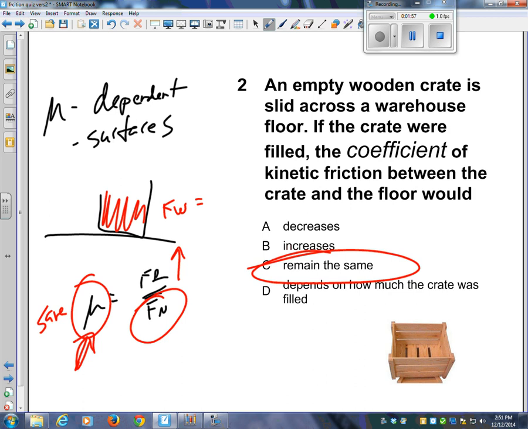The friction force, right? So if the normal force before was, say, 50, and it goes to 200, and the friction force before was, say, 10, what would the new friction force be? If I went from 50 to 200 on my normal force, times by 4, the friction force would increase. So it's the friction force that increases, but the coefficient remains the same. The coefficient is simply how rough the surfaces are. I'm looking for nods of understanding.